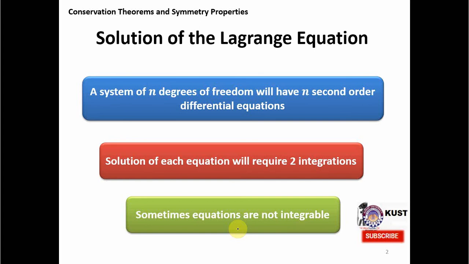Now the main message which we will be developing in this lecture is that if there is a symmetry present in the system and the system is not integrable, we can use this symmetry as a tool to get useful information.